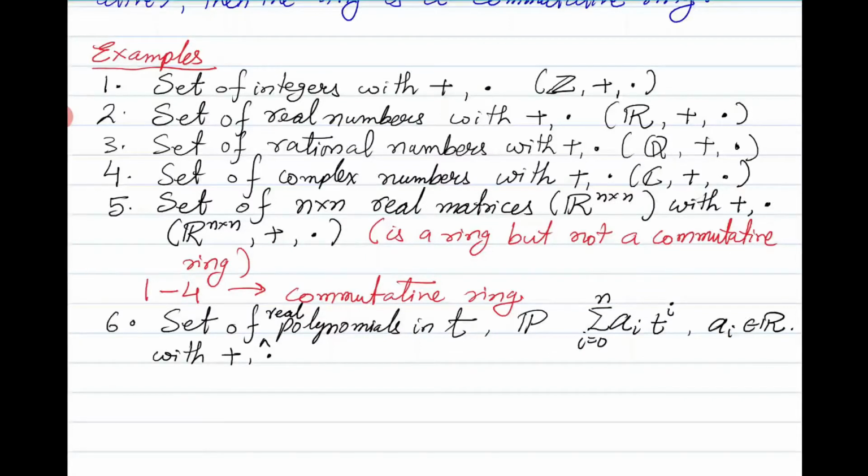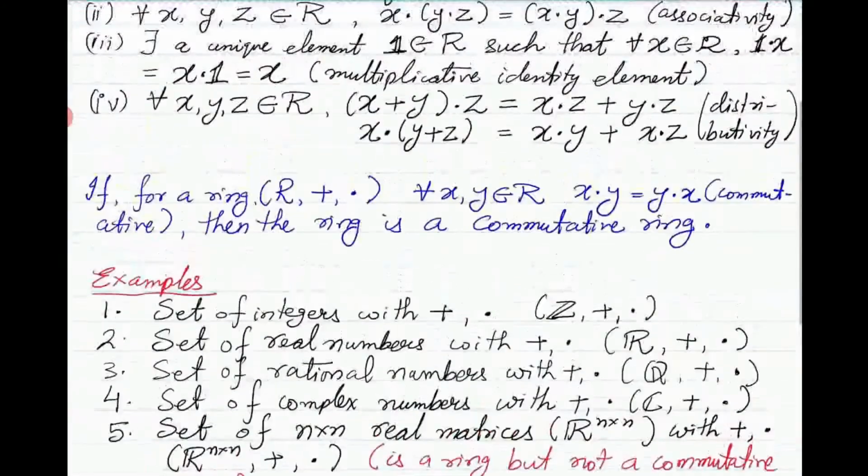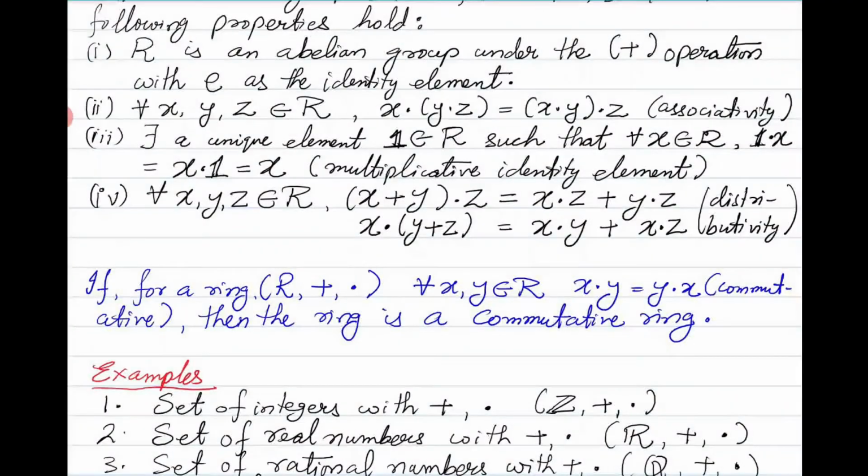Can you verify if the set of real polynomials in T is a group or not? It is actually a group. In fact, it is an abelian group. I suggest that you verify this, and try to do it formally. You can also establish that associativity for the dot operation holds, and the unique identity element for the dot operation is nothing but 1, and the distributivity also holds from both sides.